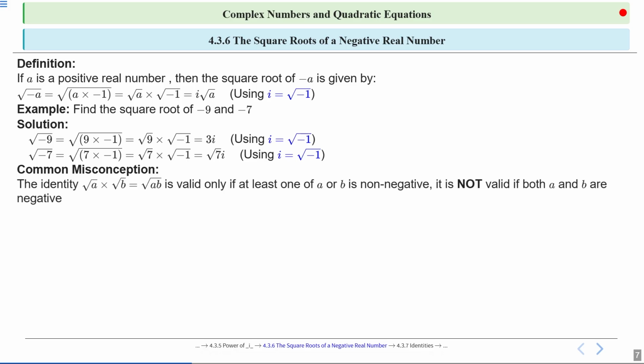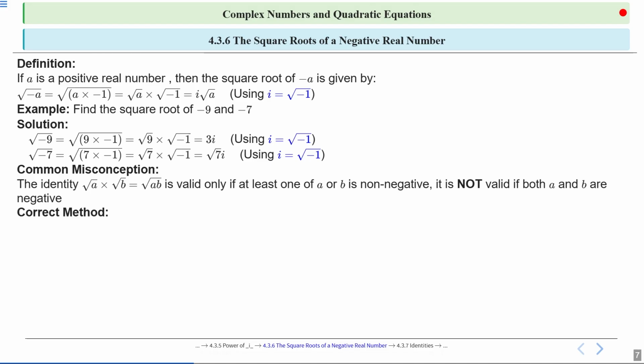So the identity square root of a times square root of b equals square root of a times b is valid only if at least one of a and b is non-negative. It is not valid if both a and b are negative. Okay, so students, you should keep this concept in mind.